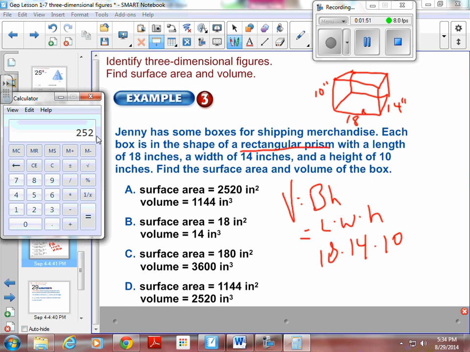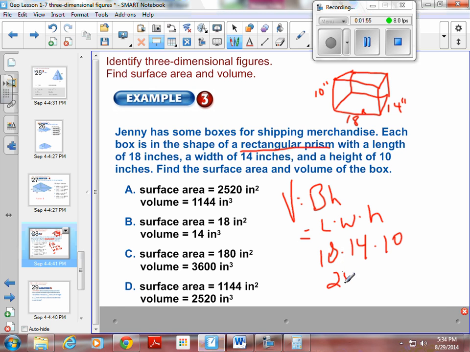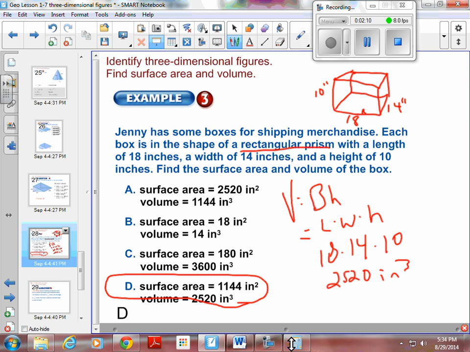And then we don't multiply by 10 because multiplying by 10 just puts the 0 on that. So it's 2520, and that would be in inches cubed. So there's my volume. So my answer has to be D. And that is in fact what the answer is.